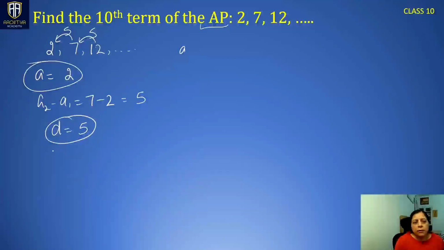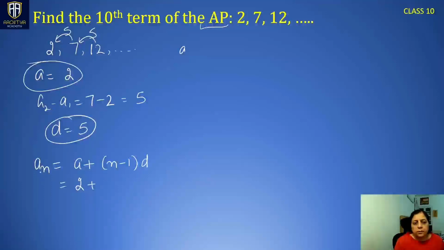Here we have to find the 10th term. In the last slide we had learned that the formula for the nth term, any term, is a plus n minus 1 d. a means the first term, which is 2.